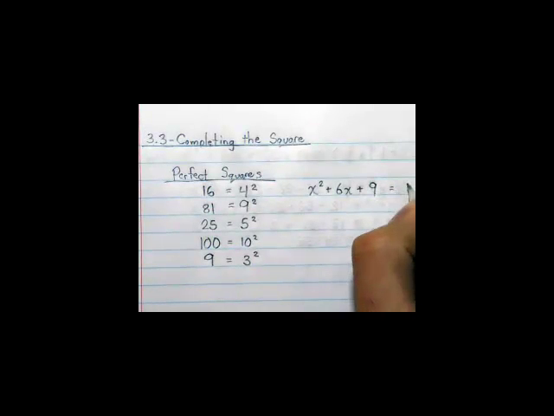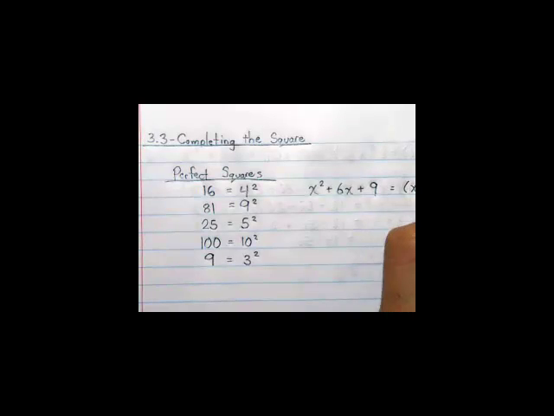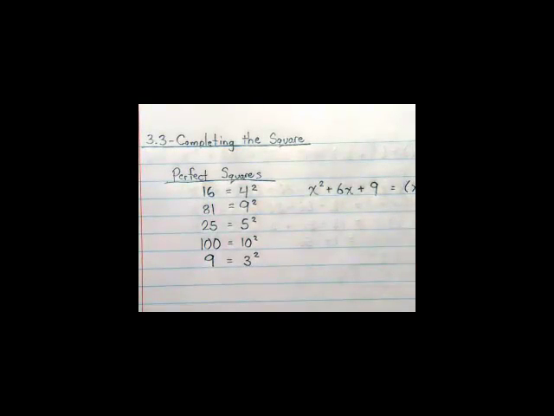That's a perfect square quadratic because that's equal to x plus 3 squared. I can take this and write it as something else squared. Just like I can take 16, write it as 4 squared. I can take this quadratic, write it as x plus 3 squared. Okay? It's that same idea.